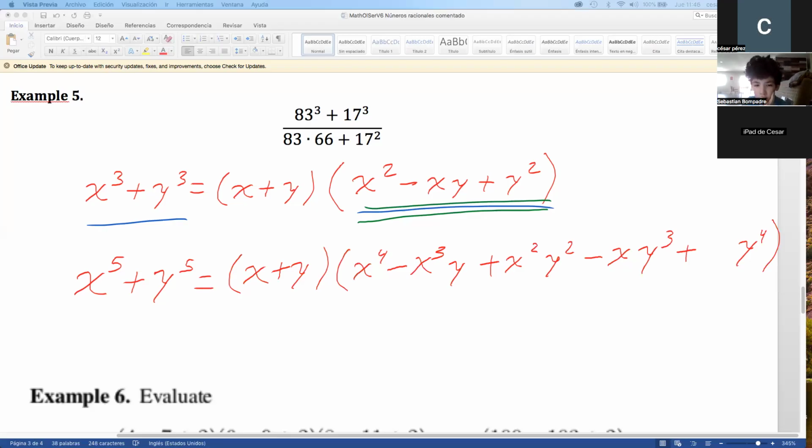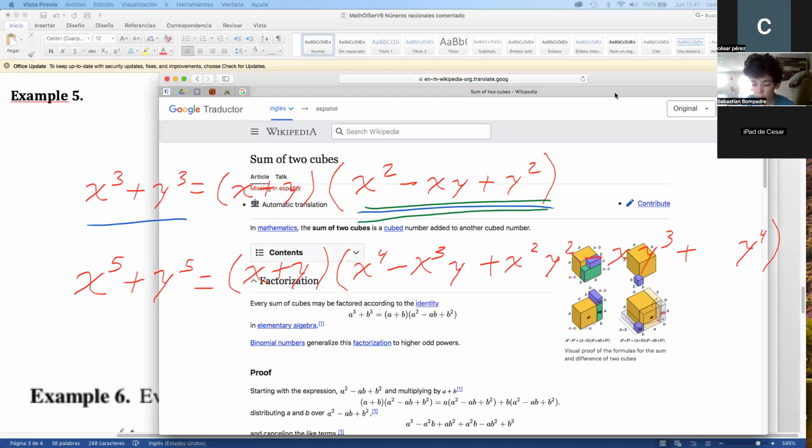Wikipedia, artículo. Okay. English. Well, this is what I found in Wikipedia.